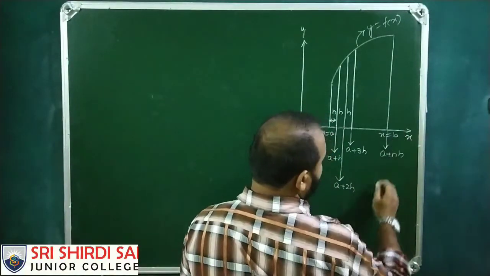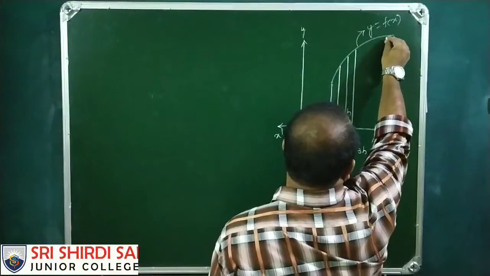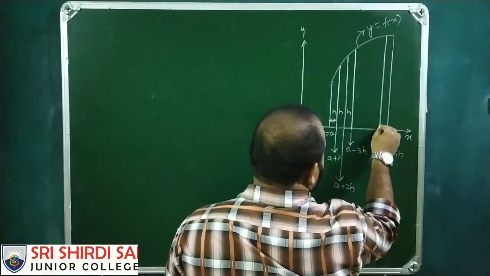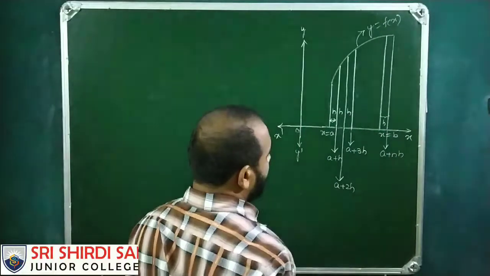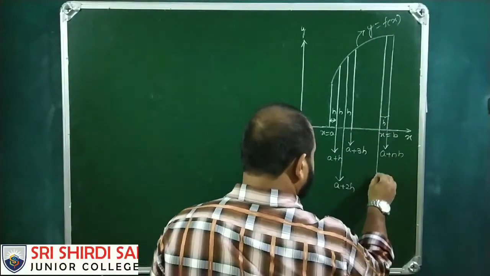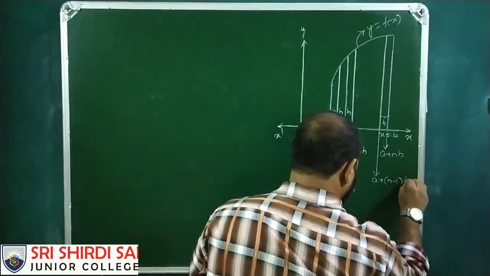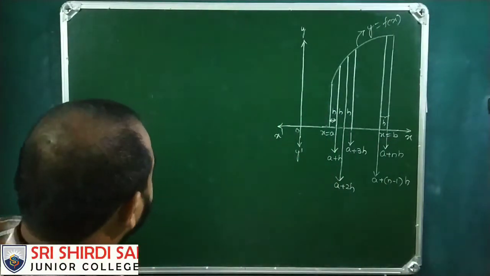What is this? x equals b. And if I take the previous rectangle, this width is also h, and this is a plus n minus 1 into h. So like this I split.